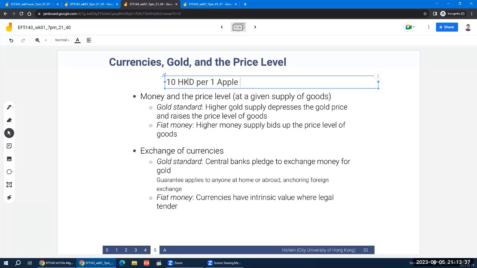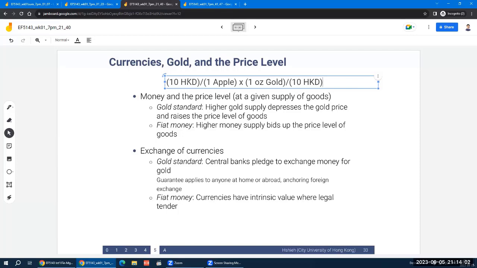And we want to look at the price of apples, let me do it in fractions, so it's easier to read. 1 apple. And we want to convert it in terms of gold price. So let's assume the conversion rate is 1 ounce of gold divided by 10 Hong Kong dollars.